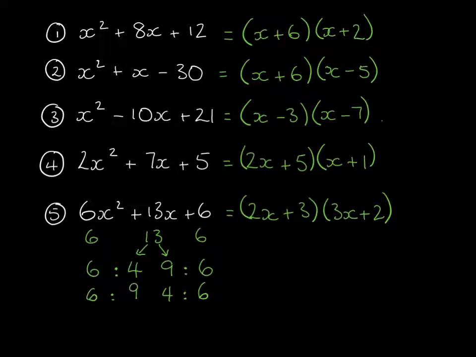Divide both of them by 2. 6 to 9 you can simplify to 2 to 3. So the bracket that comes from here is 3 and 2, or 3x plus 2. The bracket that comes from here is 2x plus 3.